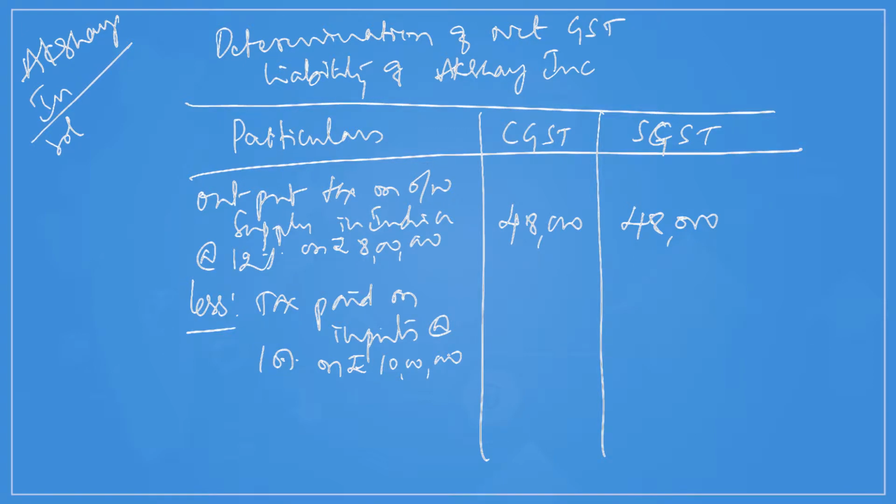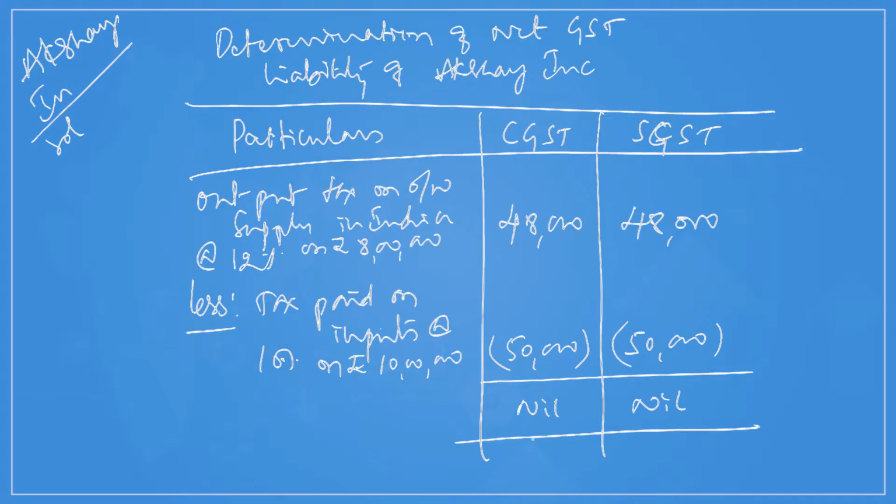That comes to rupees 1 lakh, which can be apportioned among CGST and SGST at rupees 50,000 each. This should be put in brackets because it is already paid on the inputs. So the net GST liability of Akshay Limited is nil, because here input tax is more than output tax.